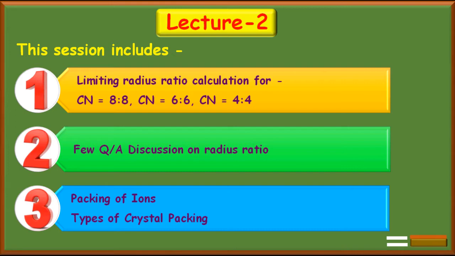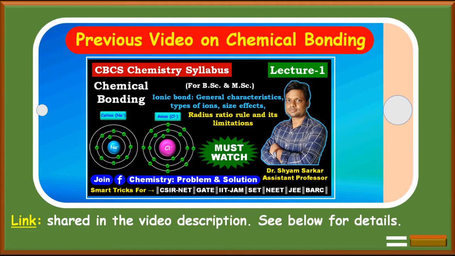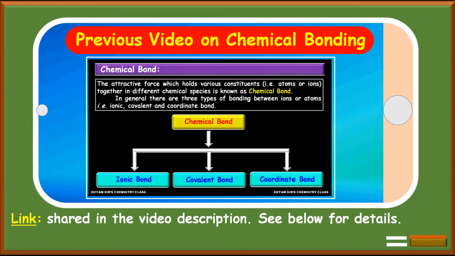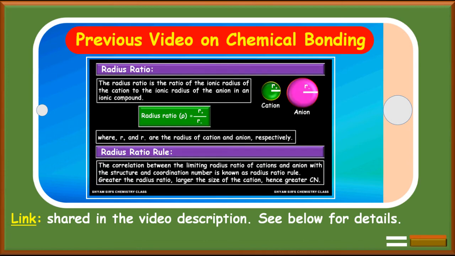Okay, so I would request all of you to watch my previous video on chemical bonding, where I have discussed ionic bonding and general characteristics of ionic compounds, different types of ions, size effect and radius ratio.